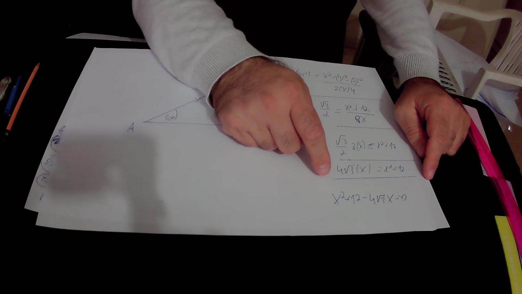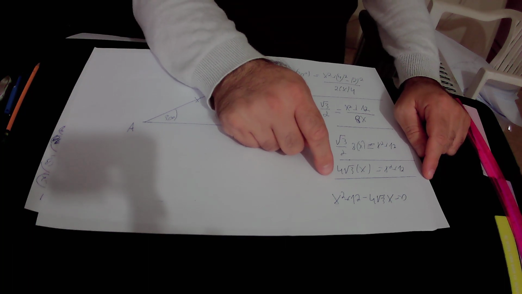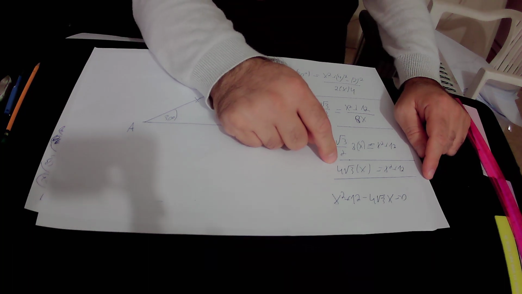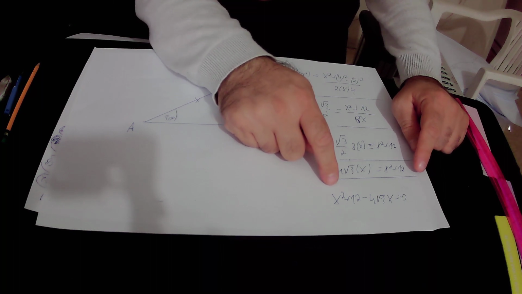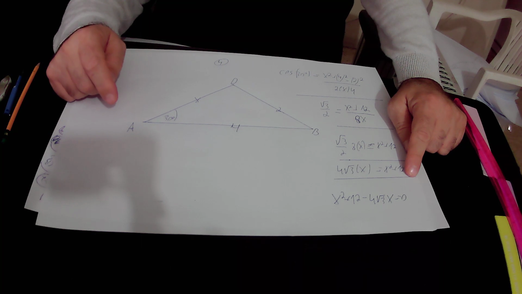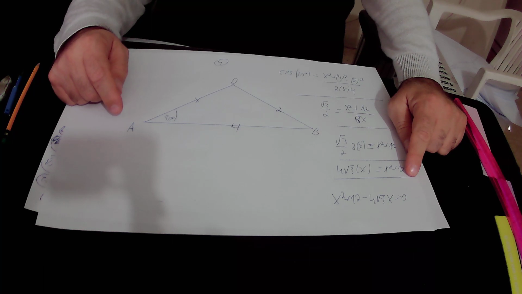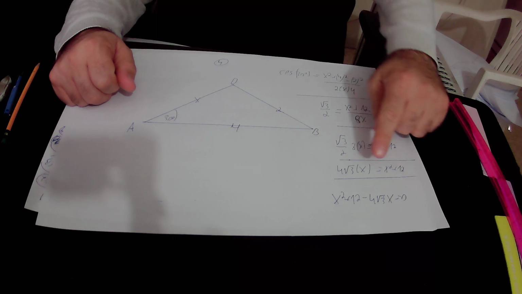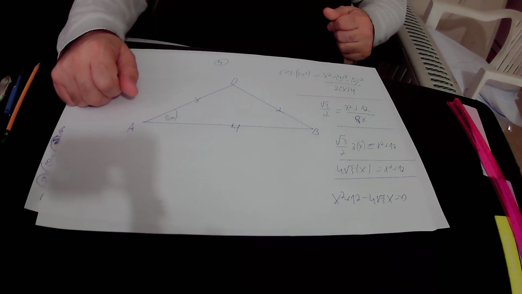Here we subtracted 4 times square root of 3 times x from this equation, and we got x squared plus 12 minus 4 times square root of 3 times x equals 0. We know that 12 equals 2 times square root of 3 squared, so we substitute the 12 by 2 times square root of 3 squared.